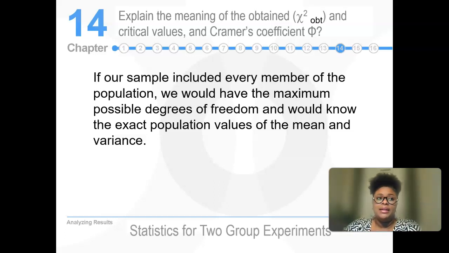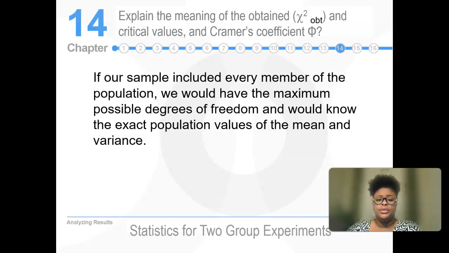So if I had 10 participants, which would be my n, and I subtract 1 because I have one group, then my degrees of freedom would be 9. If I had two groups, then it would be n minus 2, which in this case would be 8.